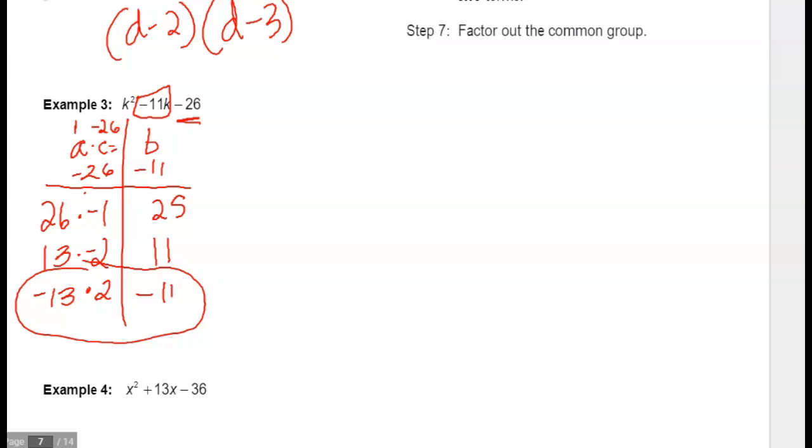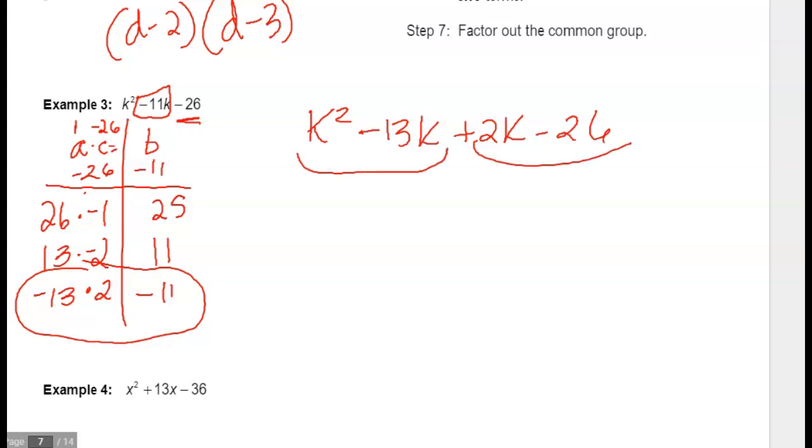So again, we rewrite this. So now we're going to take the k squared, and it doesn't matter which order you do it. So we can do minus 13k plus 2k minus 26. So again, we group these together, group those together, and then factor out anything we can.